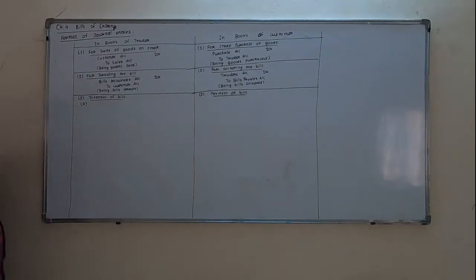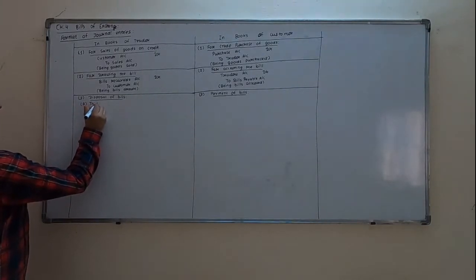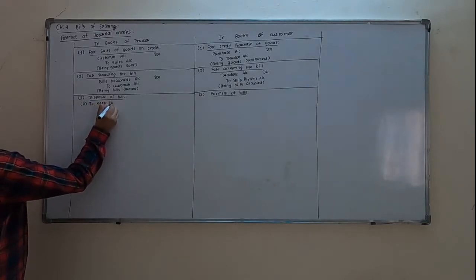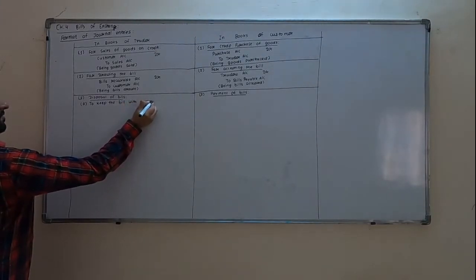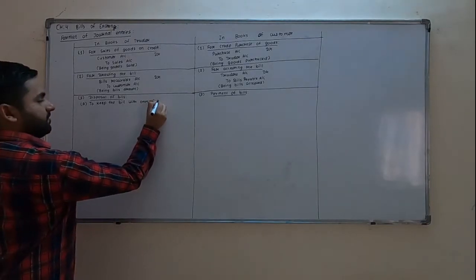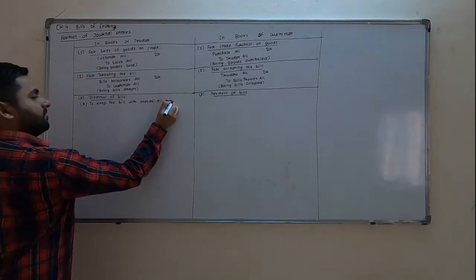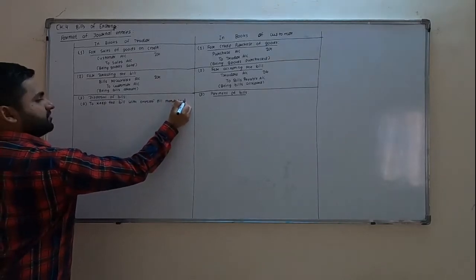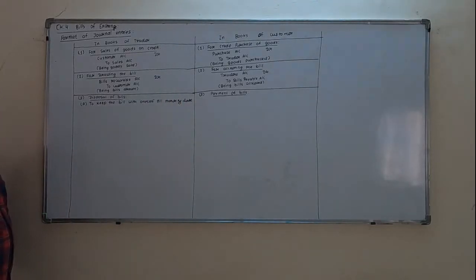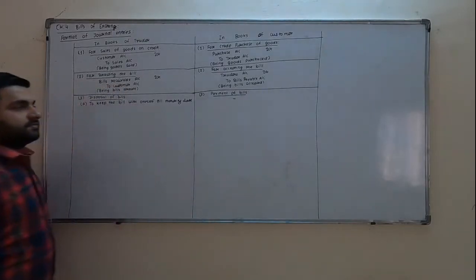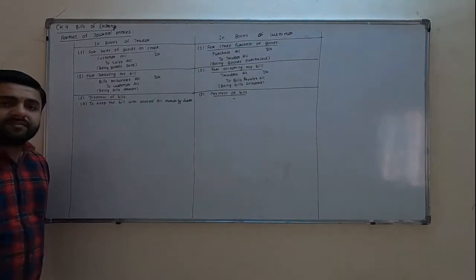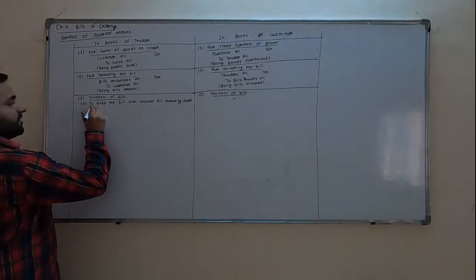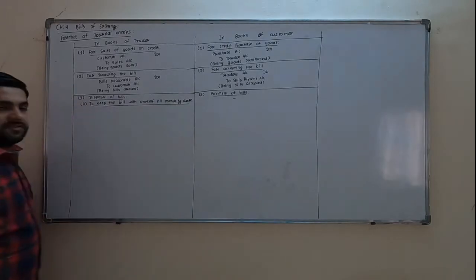A, to keep the bill with oneself till maturity date. Here nothing else will come. Here we are keeping the bill till the maturity date. Here only the entry will be for payment. Okay, to keep the bill with oneself till the maturity date.